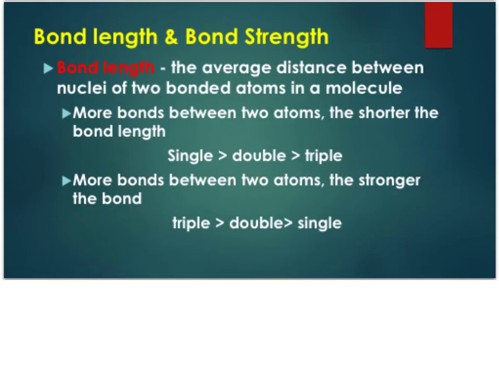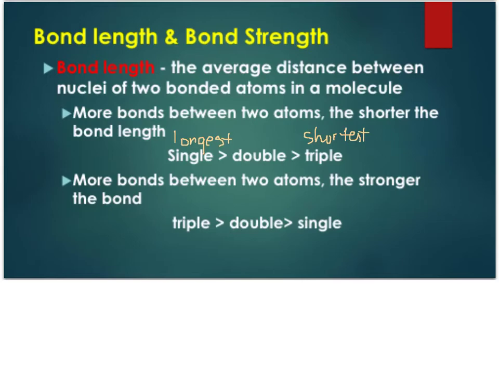So, single bonds are going to have the longest bond length, and triple bonds will have the shortest bond length. The more bonds, the stronger the bond.